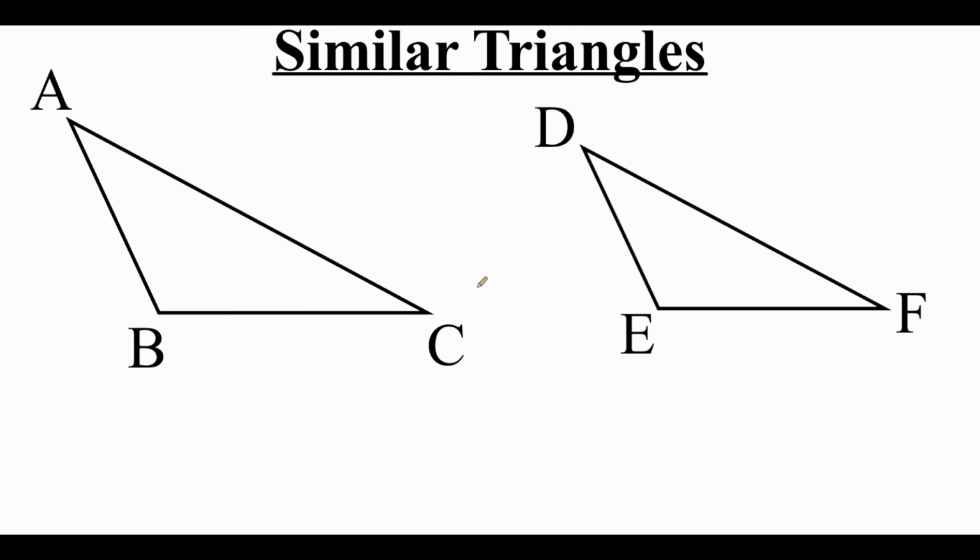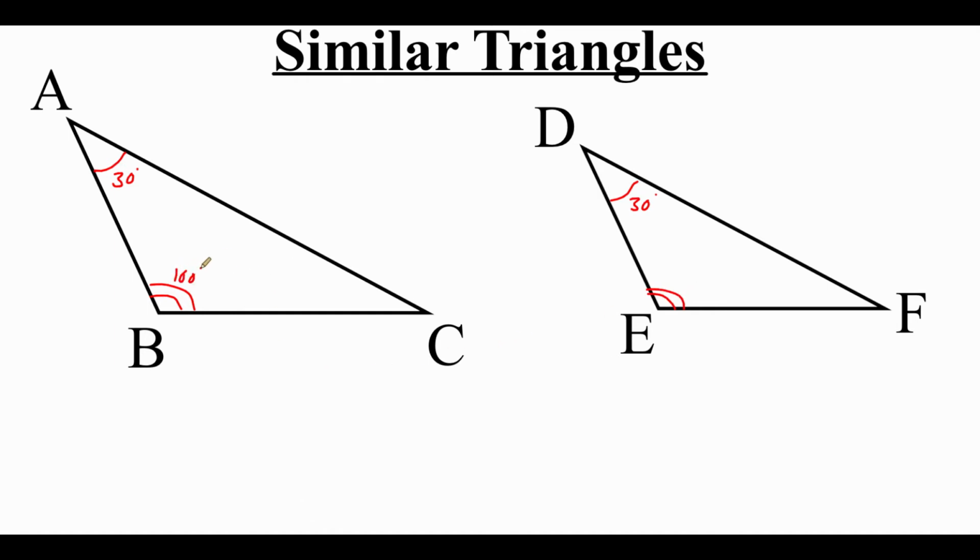Now, our first property that we just looked at on the last slide said that corresponding angles are congruent to each other. So in order for these two triangles to be similar, angle A and angle D need to be exactly the same size. So if angle A is a 30-degree angle, then angle D needs to be a 30-degree angle. Angle B and angle E need to be the same size because they're corresponding.